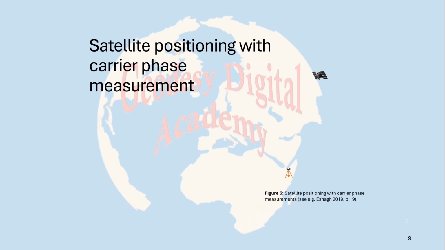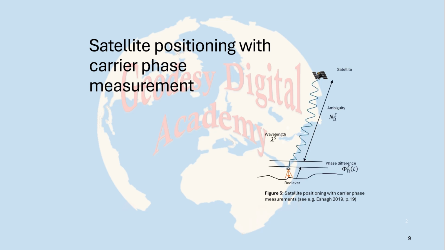Positioning with carrier phase measurement is a little bit different. Instead of timing, we measure the signal fraction, or the phase difference, at the receiver. What does it mean? It means that when the satellite sends the signals, the receiver generates the same signal.